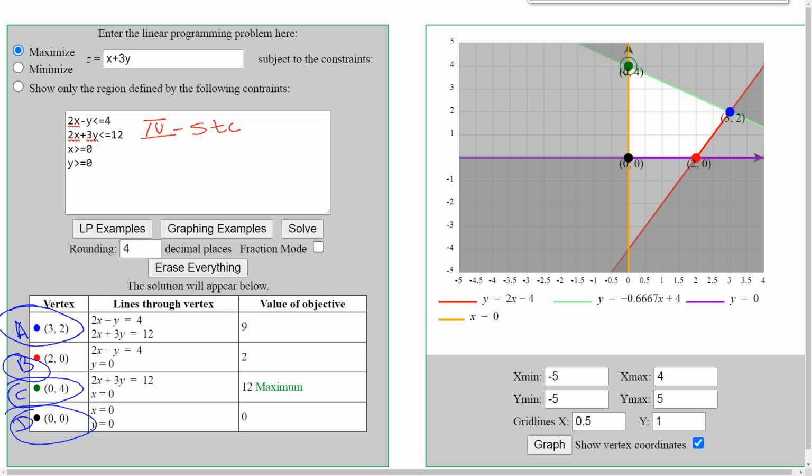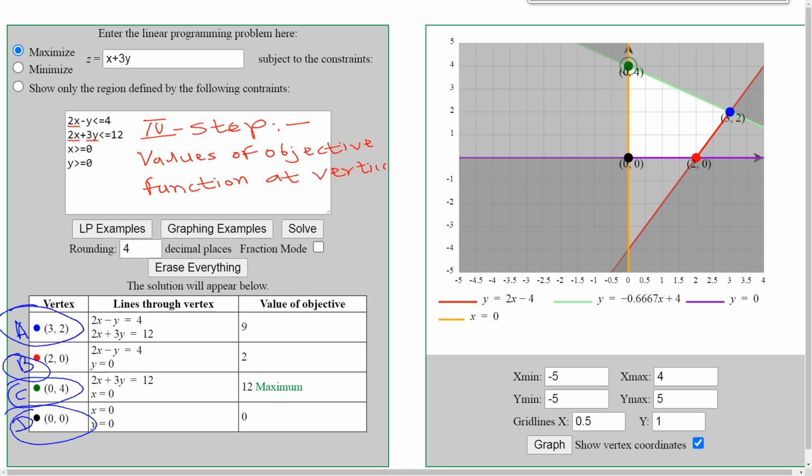Now the last step, the fourth step, is to obtain values of the objective function at the vertices of the common feasible region.